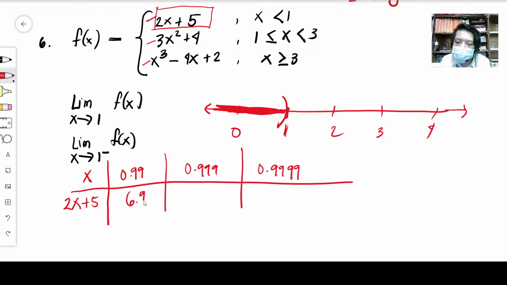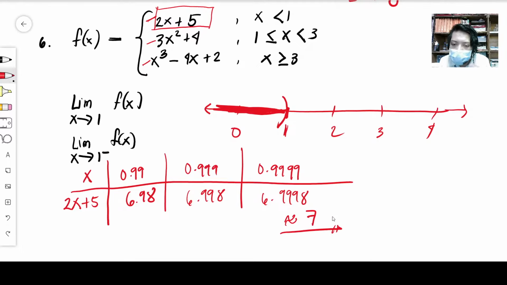When x is equal to 0.999, the value of your function is 6.998. This is 6.9998. And eventually, this will reach 7.